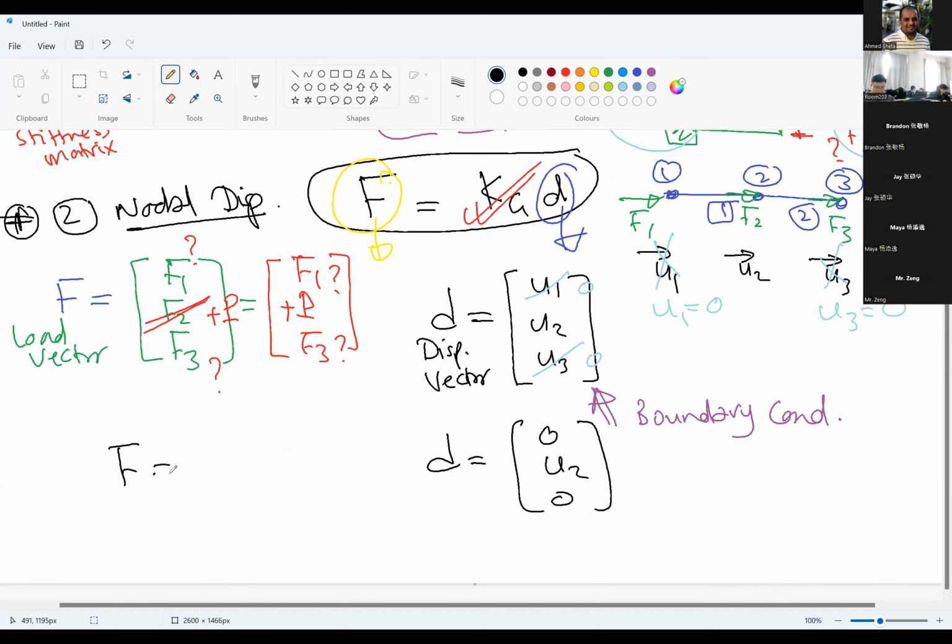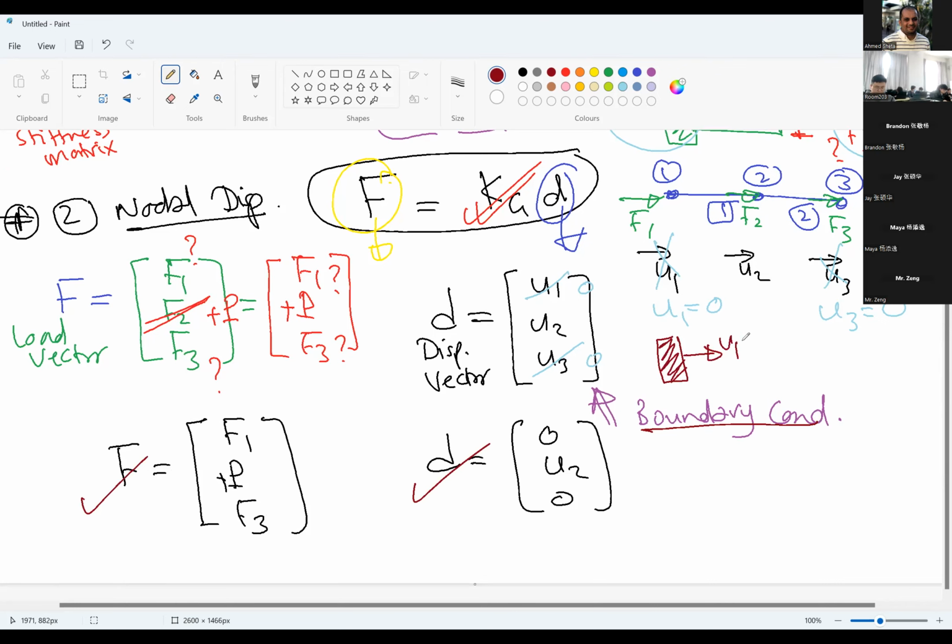And the final load vector is F1, B, F3. So now we know F and D. Do you understand where I get 0 for U1 and U3? Because we have a support here, so U1 is 0, and a support here, so U3 will be 0.